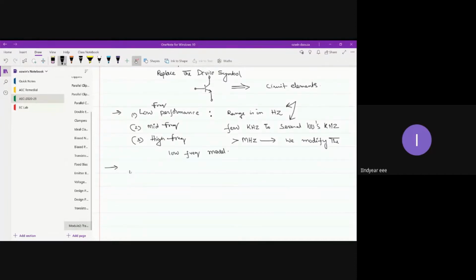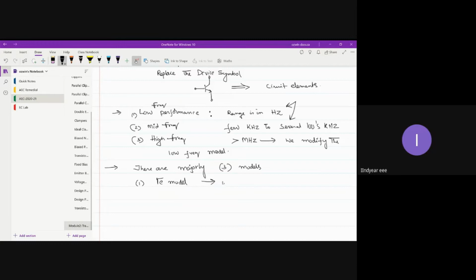Okay. Now, as I was mentioning previously, there are majorly three models. The first model is the RE model.